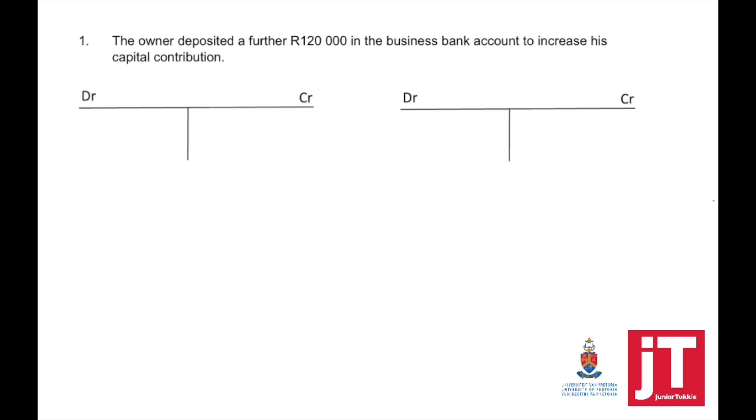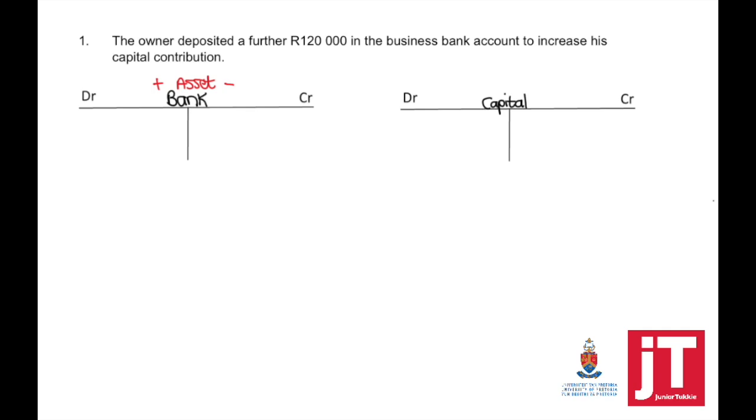So transaction number 1, the owner deposited a further 120,000 in the business account to increase his capital contribution. So we need to identify which two accounts are involved. If the business receives money, then bank will be involved. Why did the business receive money? Because of capital contribution, but we don't show it as capital contribution. It will be shown only as capital.